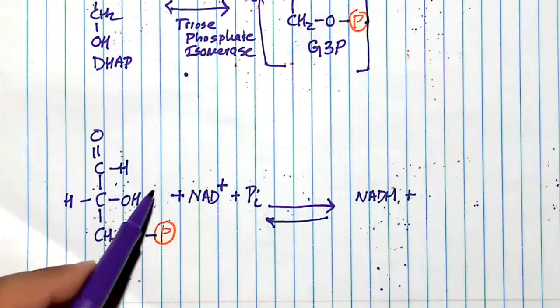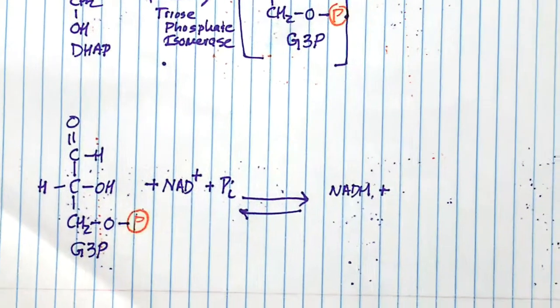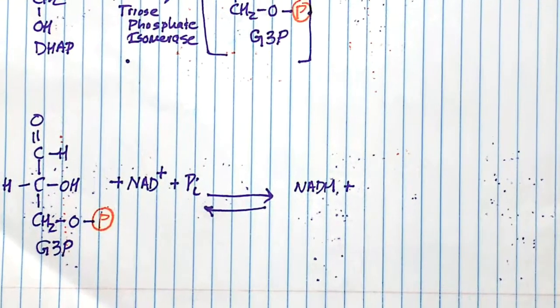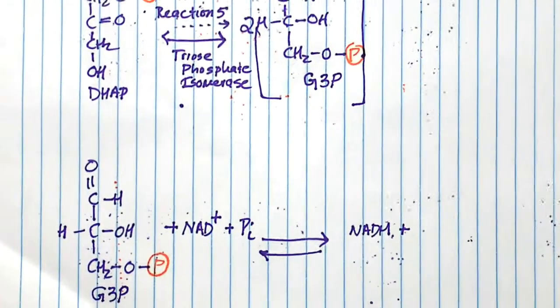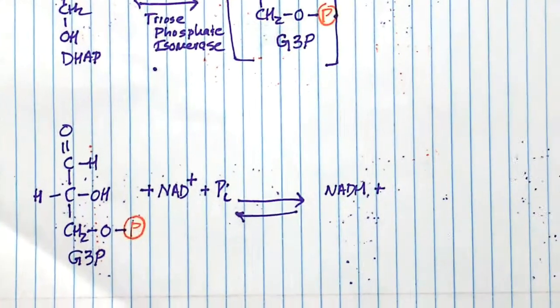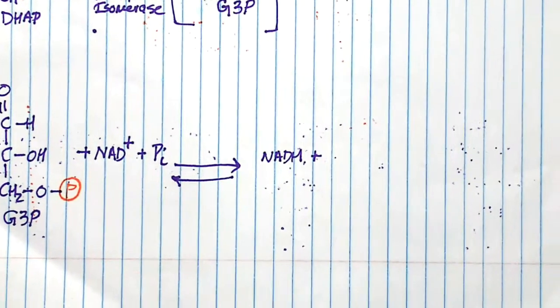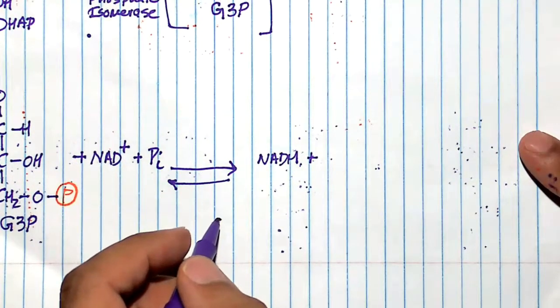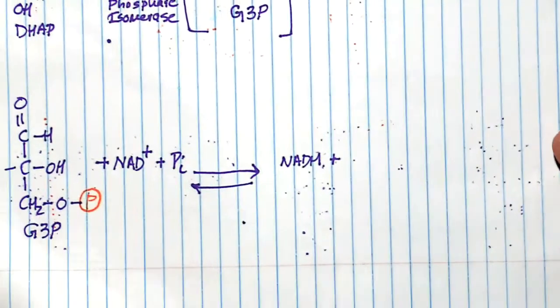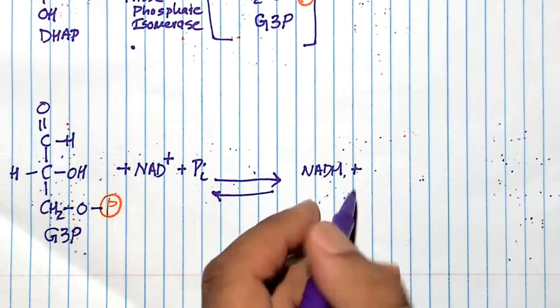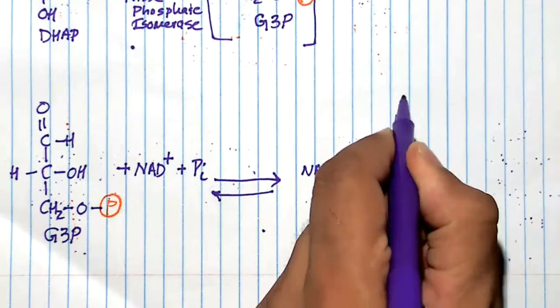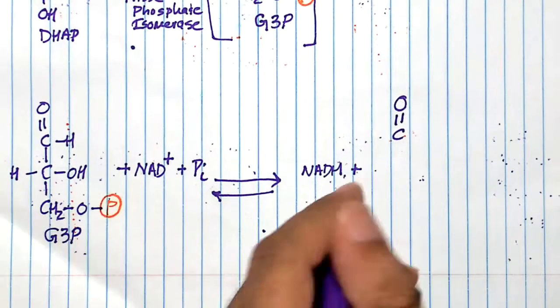That C double bond O phosphate bond is not really stable. So we would expect some stuff to happen in reactions 6, 7, 8, 9, and 10. So NADH plus 1,3-bisphosphoglycerate. Okay. So here's that. So this is where that phosphate goes.